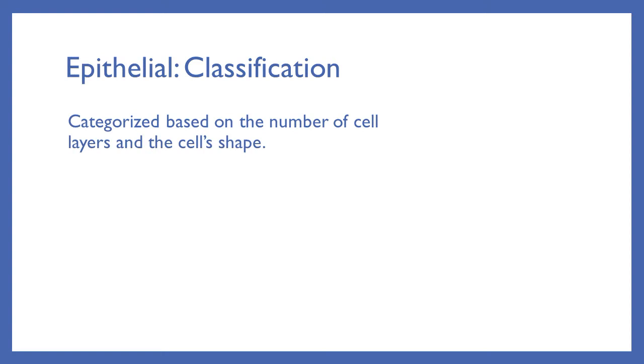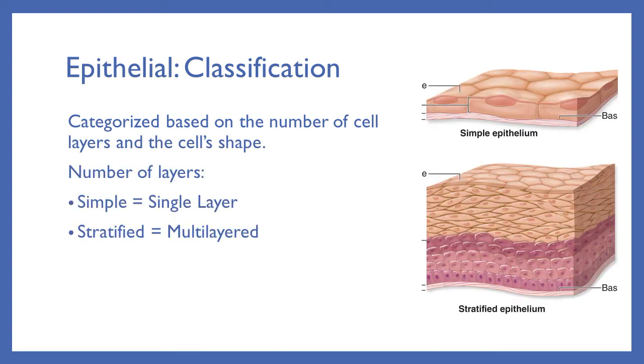Epithelial cells are classified based on the number of cell layers and the cell's shape. When there is only a single layer of epithelial cells, we call that simple. When there are multiple layers, we call it stratified.